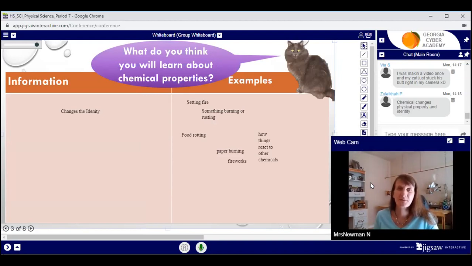Excellent. Oh, how things react to other chemicals. That could probably even go over under information because it's not as specific. Got reactivity. Baking.